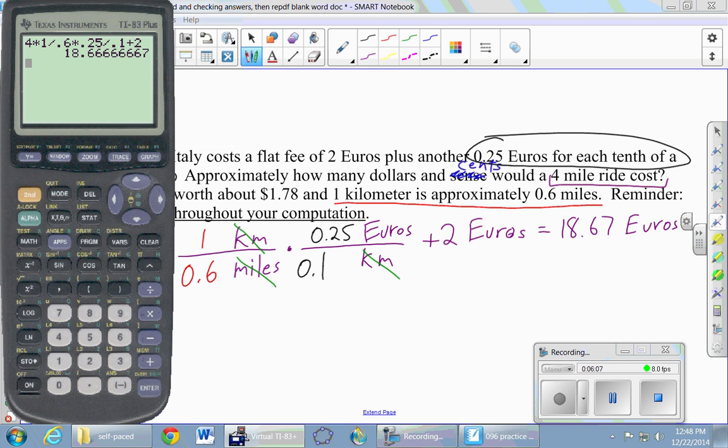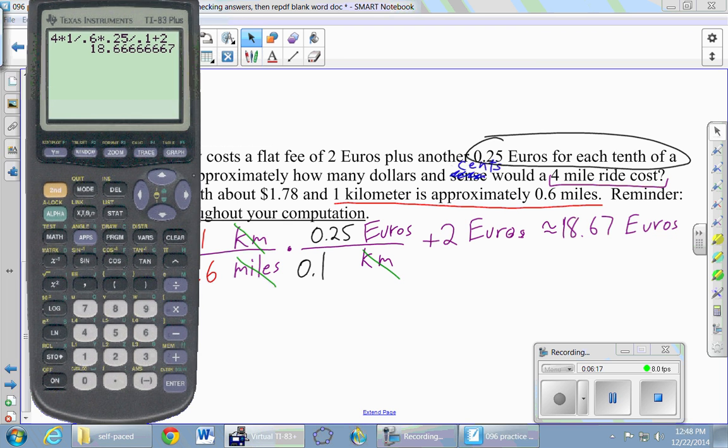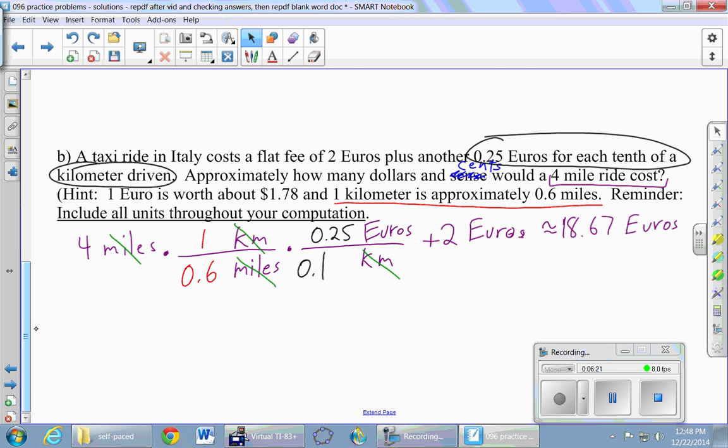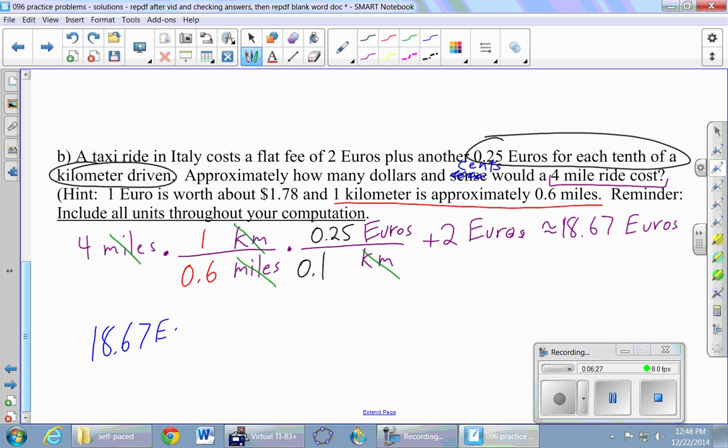So I'll approximate that with 18.67 euros. And then we're going to go from that number to our final answer, which is going to be in dollars and cents. So brand new calculation, new thought, 18.67 euros.